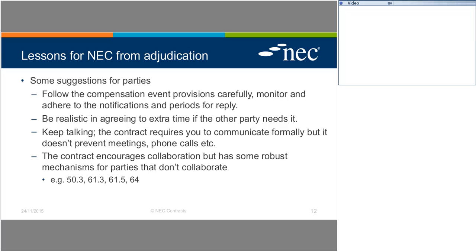And we've named some clauses here. There are plenty more, but here are four examples where the contract encourages collaboration, and probably more correctly requires collaboration, but has some robust mechanisms in place for people that do not collaborate and do not do what the contract says they are to do.